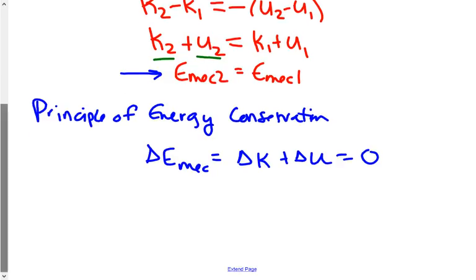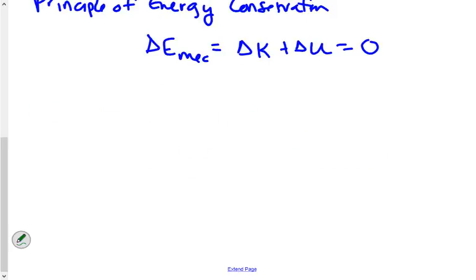So if I, for instance, had an object that starts up here, comes down, does a loop-de-loop, and ends here, and I want to know what the velocity is here at position 2, if we use Chapter 2 equations, I'd have to know an equation, a path for that loop-de-loop.